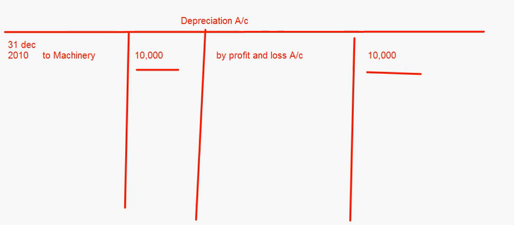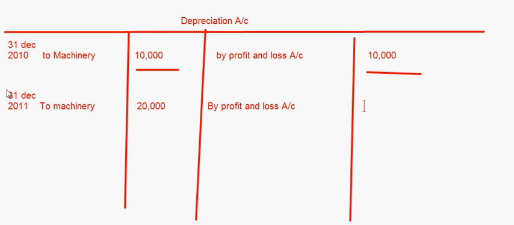The depreciation account I showed in the earlier session also. It's a very simple one, wherein you just have to put the depreciation amount and then transfer it to the profit and loss account, right? So here, this is the depreciation account.